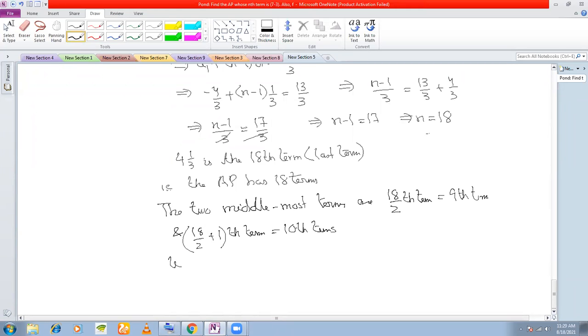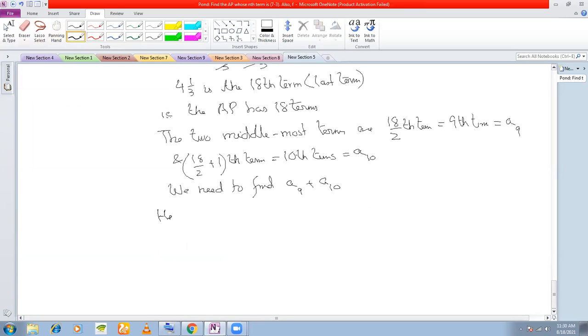So we need to find what? We need to find the sum of these terms, which is 9th term is A9 and the 10th term is A10. We need to find A9 plus A10. Let's find A9 and A10 and then add them up.